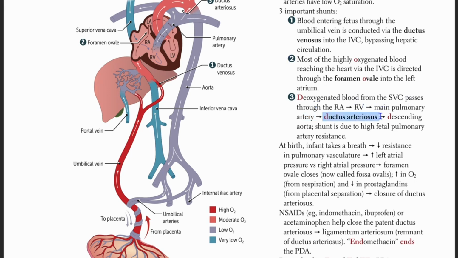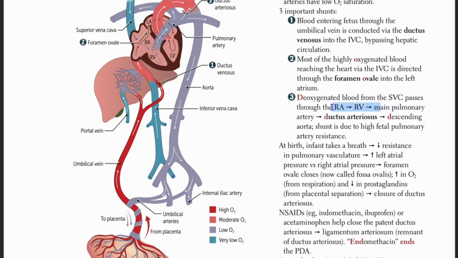the ductus arteriosus. So SVC passes through the right atrium, so it comes from up here, so it has a momentum going downwards, right? So it goes down through and through, whereas IVC has a momentum going this way. So this momentum is going to take it to the right ventricle into the pulmonary artery, and from the pulmonary artery, it's going to go through the ductus arteriosus, right?